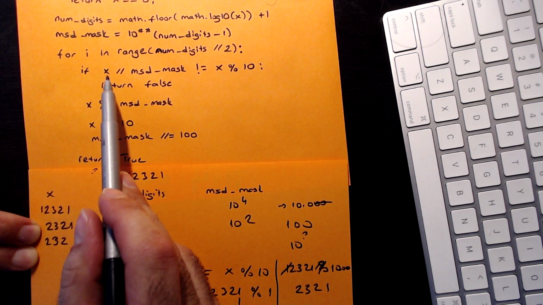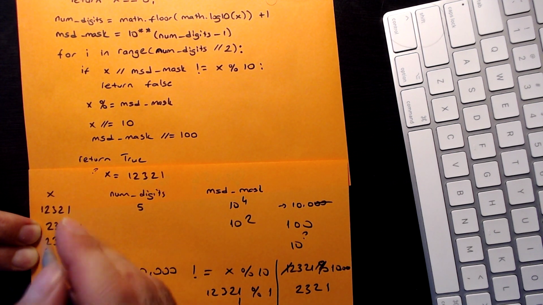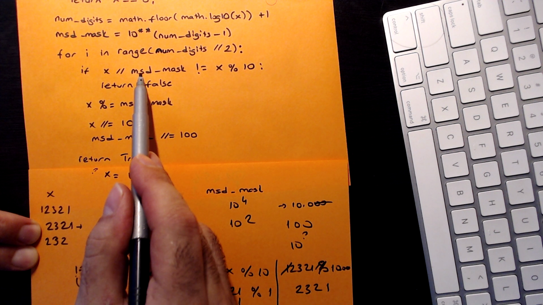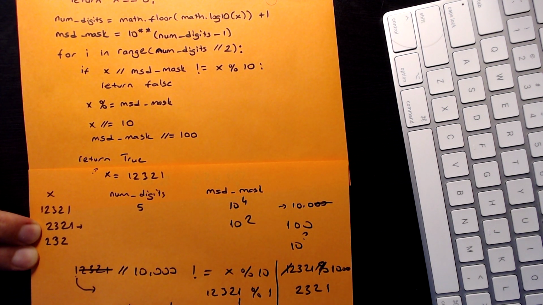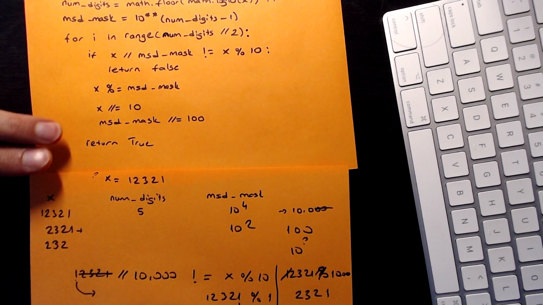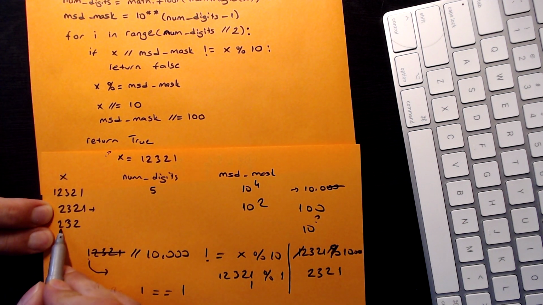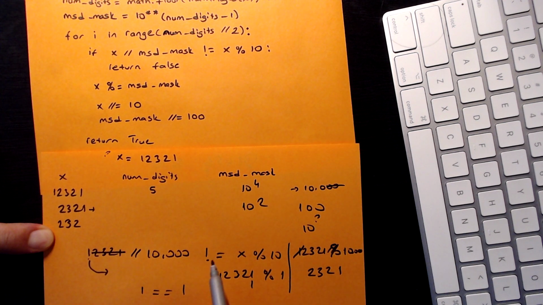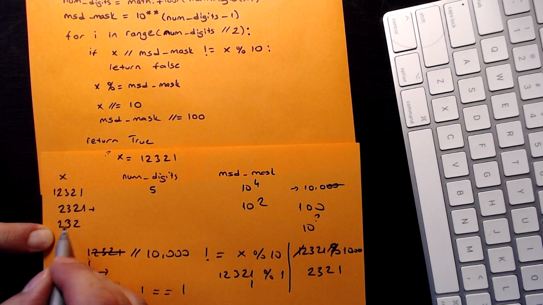Okay, so we go back to our loop. Now x, which is our 232, and the MSD mask is 100. So when we do floor division of 232 by the MSD mask, which is 100, it's going to give us 2.